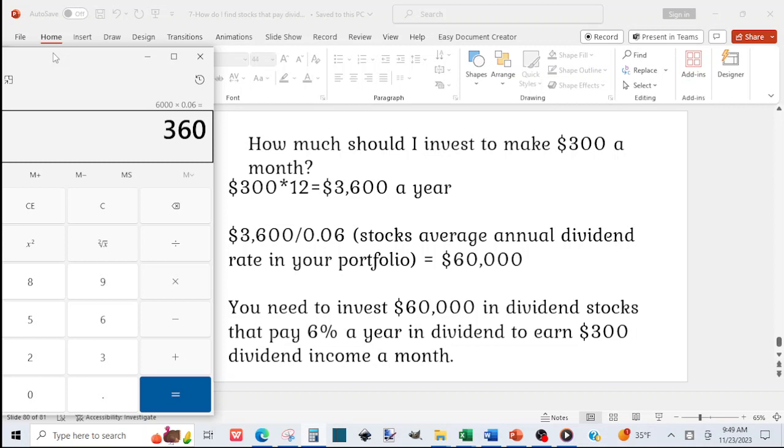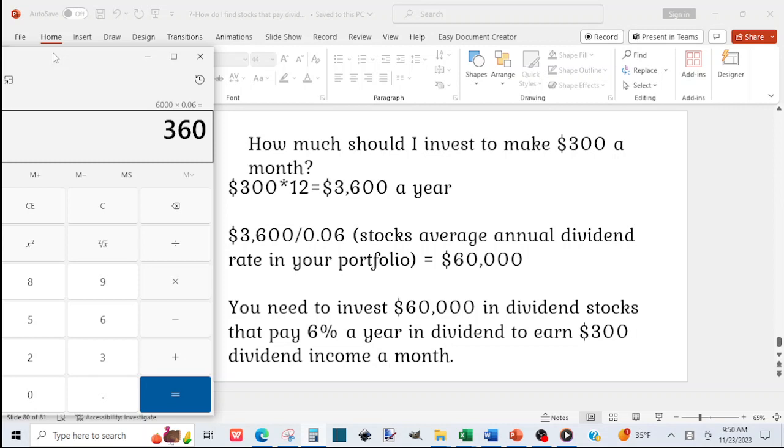So let's do that again. 6,000 divided by 12, 500. So if every month you invest 500, at the end of the year you'll have invested 6,000. So if that 6,000 was put in a dividend income that pays 6%, then you'll have made 360 a year on it.